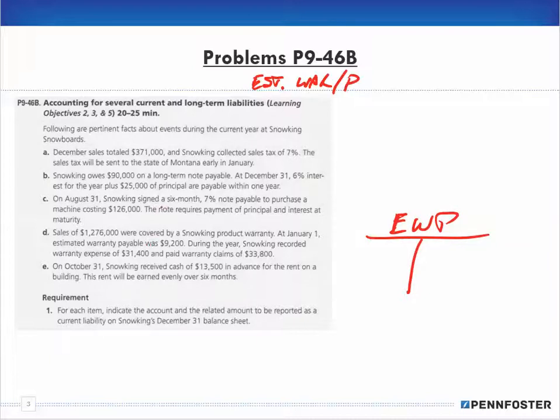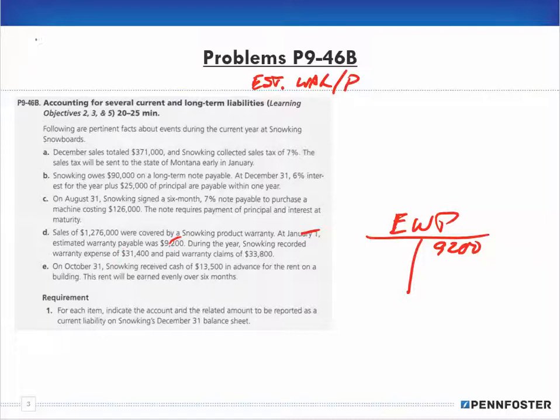So it says here the balance in that account was $9,200 on January 1st. During the year, it recorded a warranty expense of $31,400. Okay, now it says warranty expense. Go back and watch the theory videos about estimating warranty and what that journal entry would be.